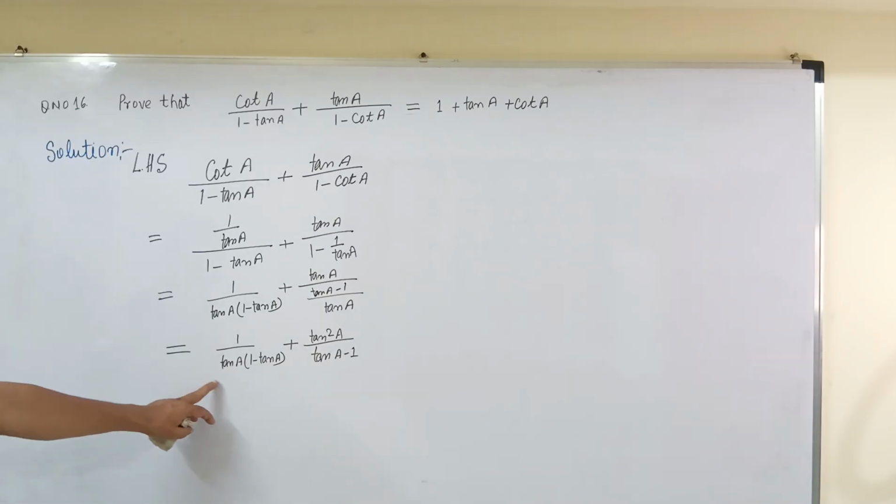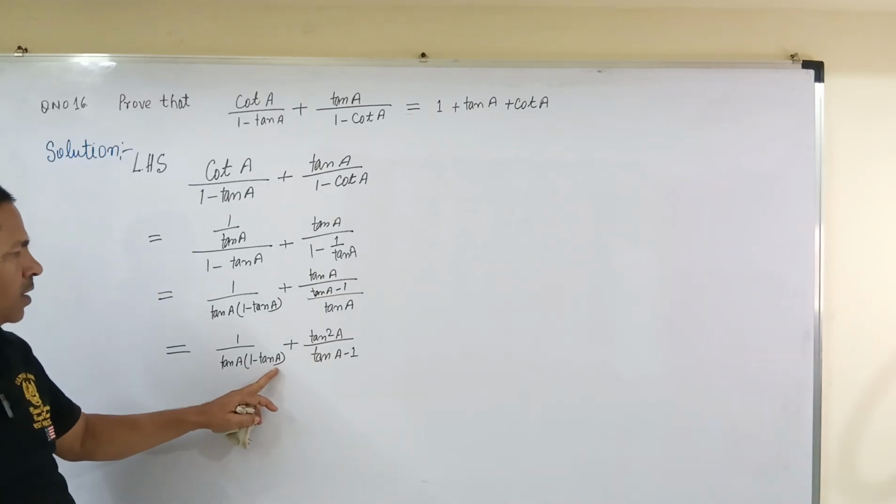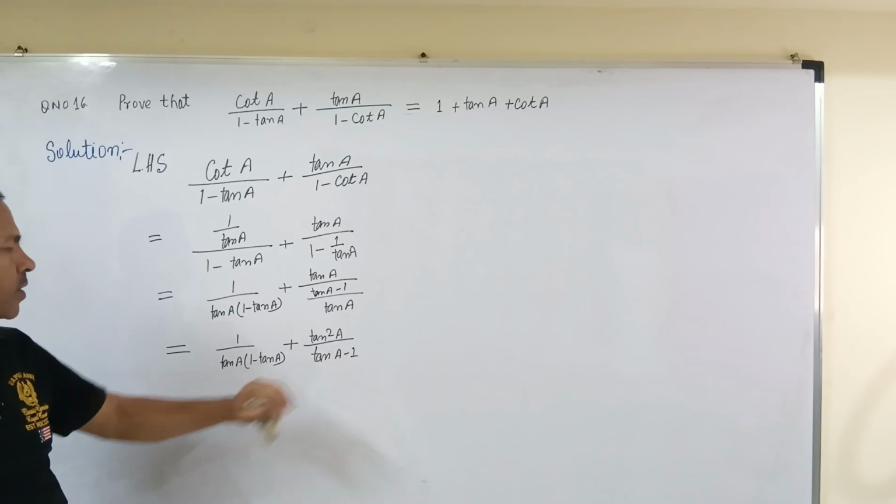So here it is 1 minus tan A and here it is tan A minus 1.